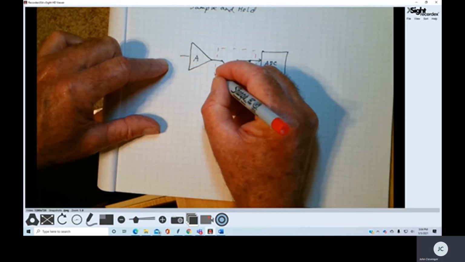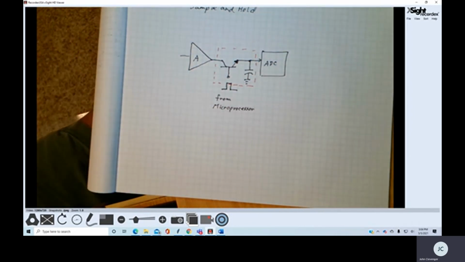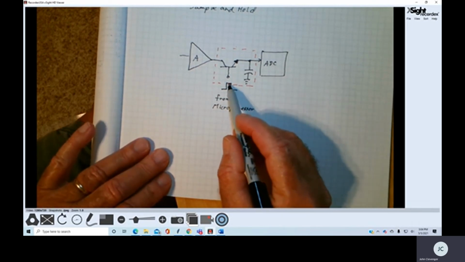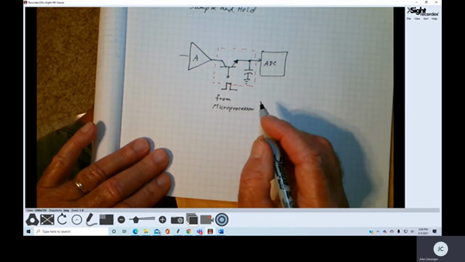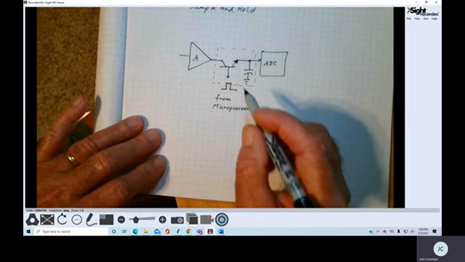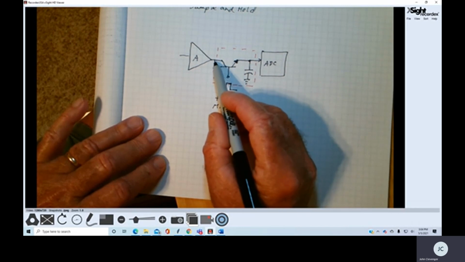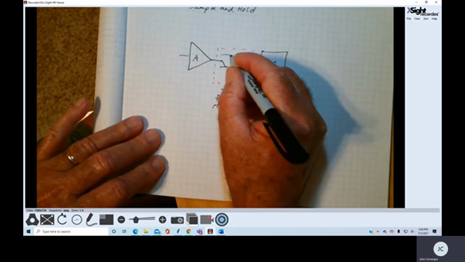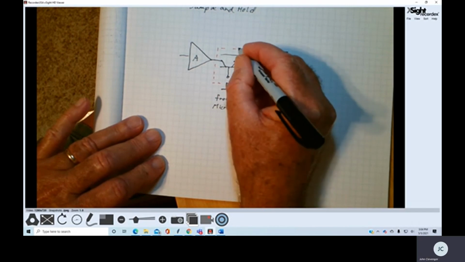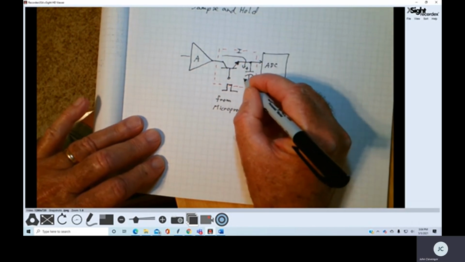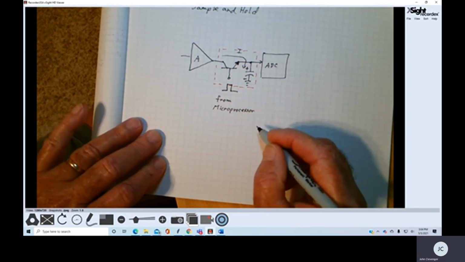There we go. So that's my sample and hold circuit. Now, with a transistor, when we provide a high voltage to the base, the transistor acts like a closed switch. So the output of this amplifier is going to allow current to flow over here and charge up this capacitor positive to negative as shown.